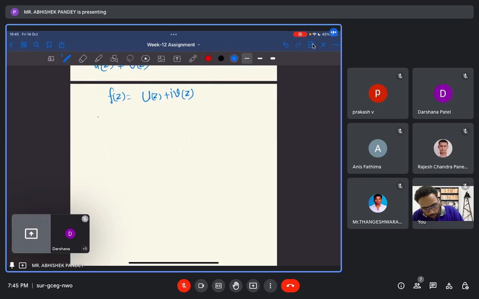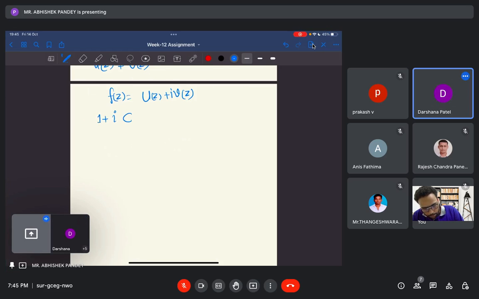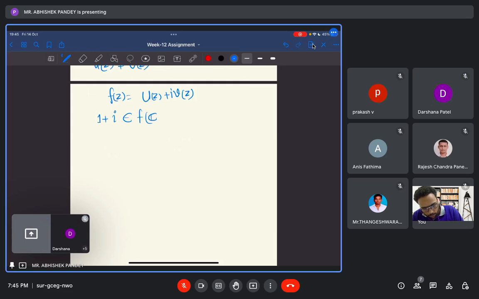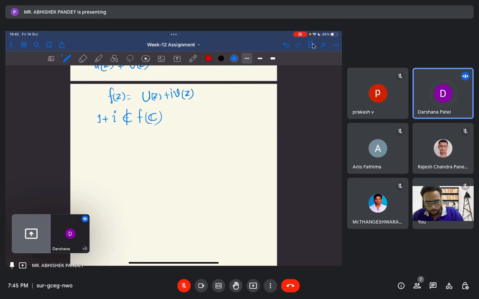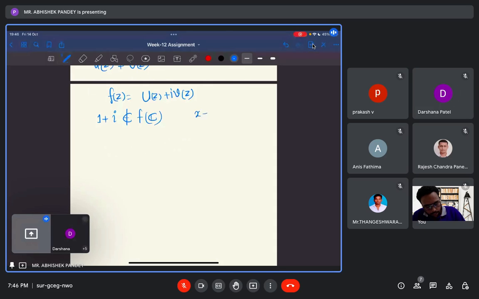Can 1 plus i belong to f of C? 1 plus i doesn't belong to f of C, isn't it? Yes sir, y equals x. So x plus ix will not belong to your range.